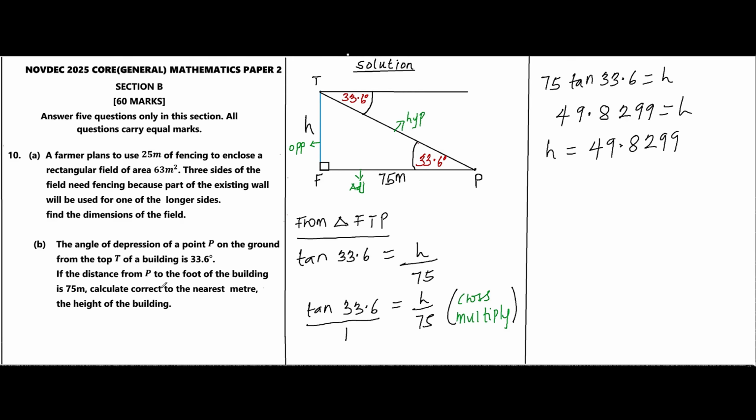Remember, we have to correct to the nearest meter the height of the building. So to the nearest meter, we have h as, so I think that is 50. You can round 49.8 up, so that is 50 meters.